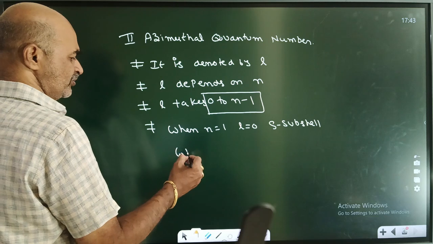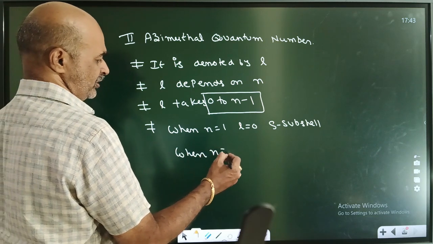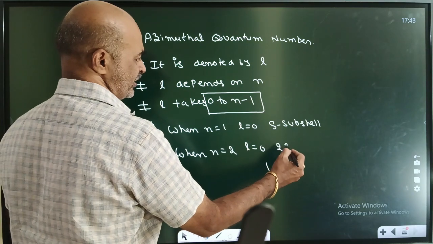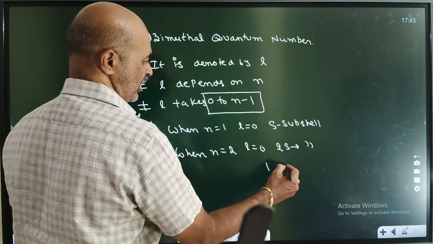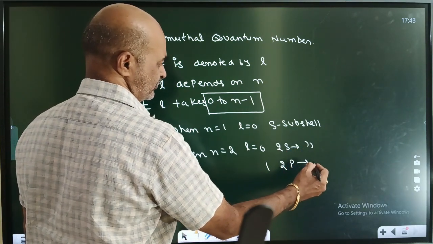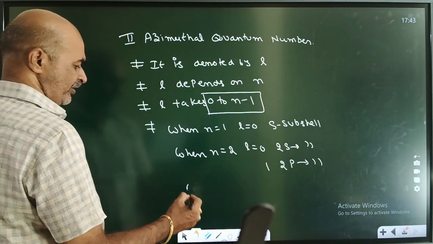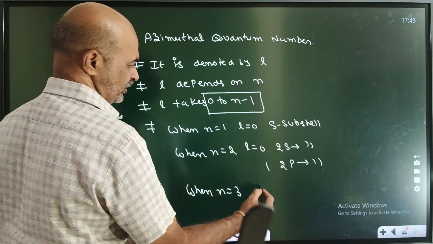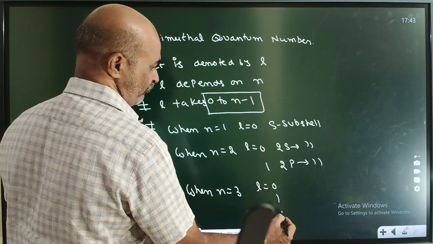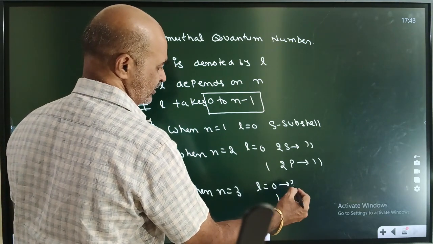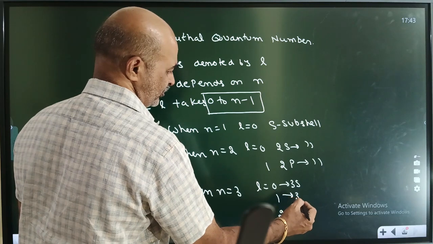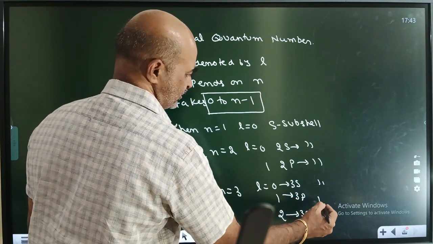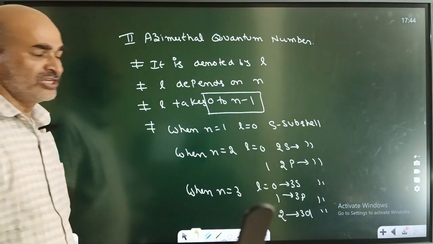When n is equal to 2, L is equal to 0, 1: 2s subshell and 2p subshell. When n is equal to 3, L is equal to 0, 1, 2: 3s, 3p and 3d subshells.